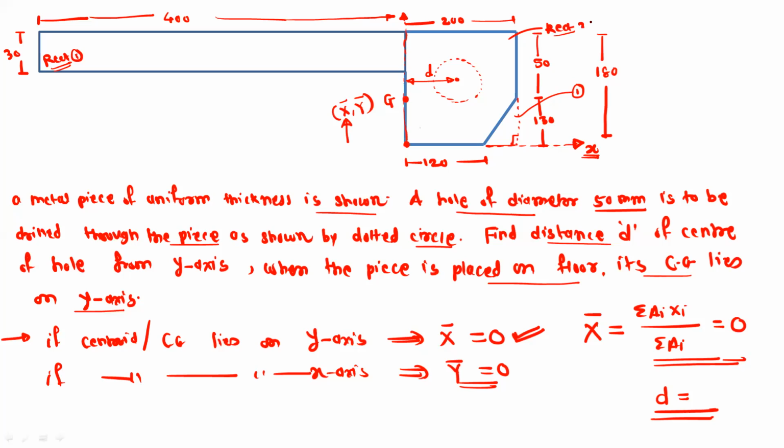So this is rectangle 2 having the dimension 200 by 180. And last will be this circle. So this is the required geometry.